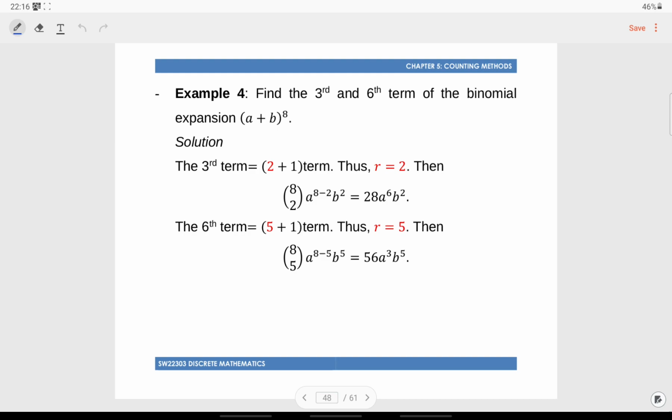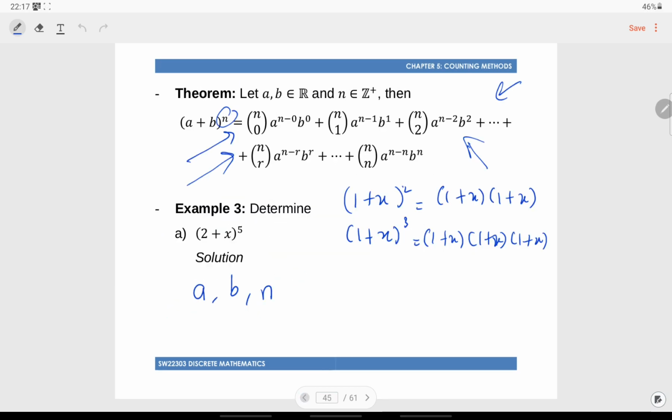Okay, we start with the first task, to compute the third term. So the third term is equal to the 2 plus 1 term. Thus, our r is equal to 2. So how do we know the r is equal to 2? We're back to the original expansion actually.